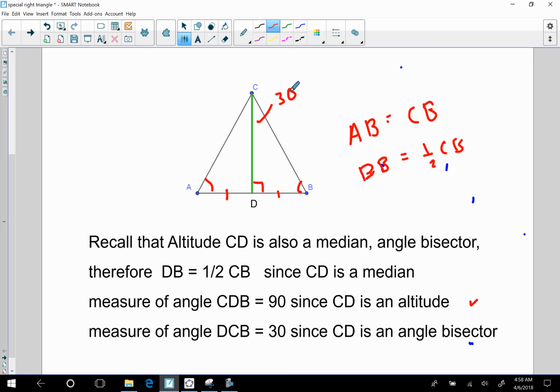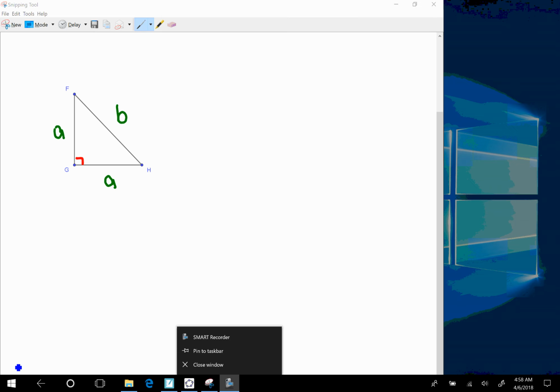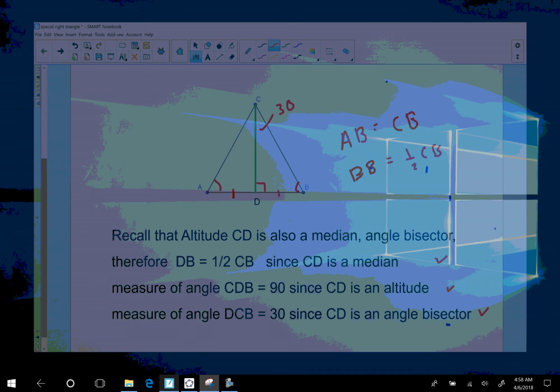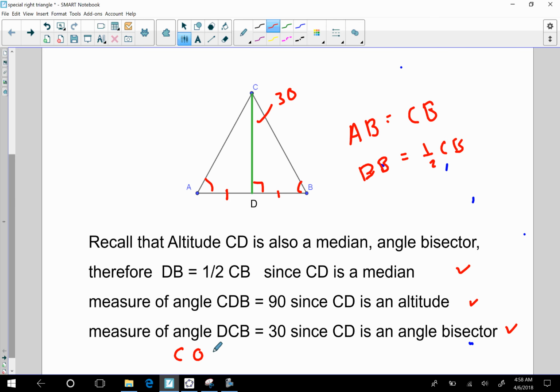How do we prove all of this? Given that CD is an altitude, yes, you guessed it, we prove that with congruent triangles. We're not going to prove that because we did that in a few units past, but we are definitely going to use these properties.